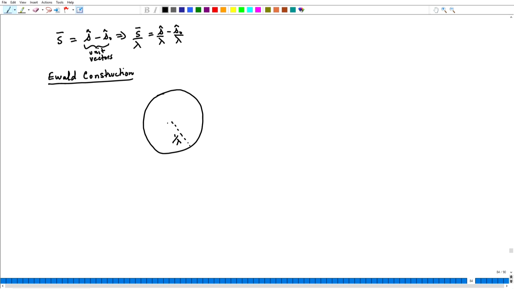Let me call the center of the sphere C, and this is my vector S naught divided by lambda. So, this is the incident beam direction, and we mark this point as O. So, CO is the incident beam. Now, let us say we consider a scattered beam at some point P out here.